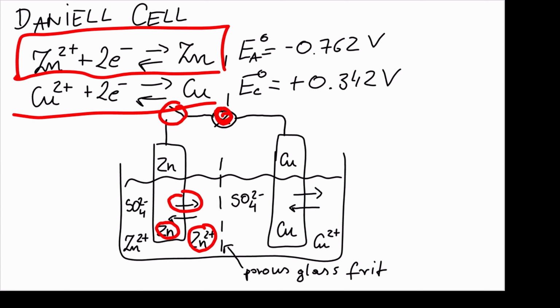So at open circuit conditions, there is no change of the metallic zinc mass, and there is no change of the zinc cations concentration. The same situation appears in the structure of the cathodic half cell.